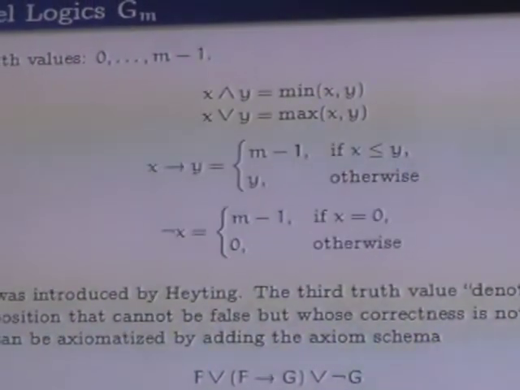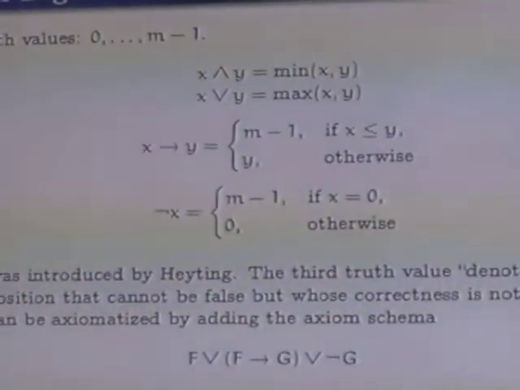At this point, we're going back to 1932, not yet to 1930. 1932 is when Gödel, in his note about intuitionistic logic, in which he proved that intuitionistic logic cannot be represented by a finite number of values, introduced this family of intermediate logics called G_m, where m is an integer greater than 1.